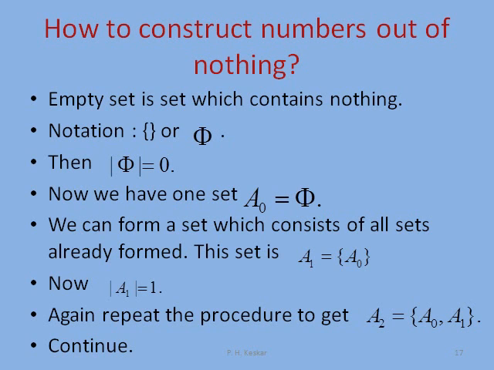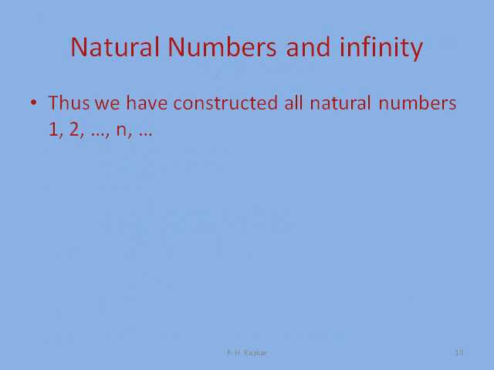And keep on continuing. If I keep on continuing in this way, I keep on generating these numbers 1, 2, and so on up to n, and if I don't stop, I'll get all the numbers, which are called natural numbers.